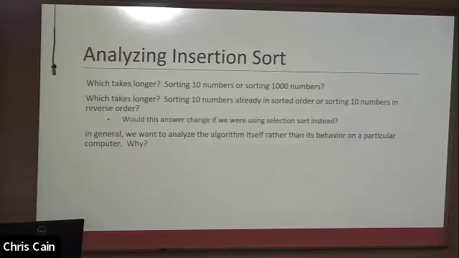But computers are different. And so a slower algorithm may be faster on another machine than the faster algorithm, coded on the slower machine. You code the slower algorithm on a faster machine, the faster algorithm on a slower machine, then we can't easily compare the running times of those two algorithms based solely on how long it took to execute on the computer. It doesn't reveal any information about the algorithm itself.